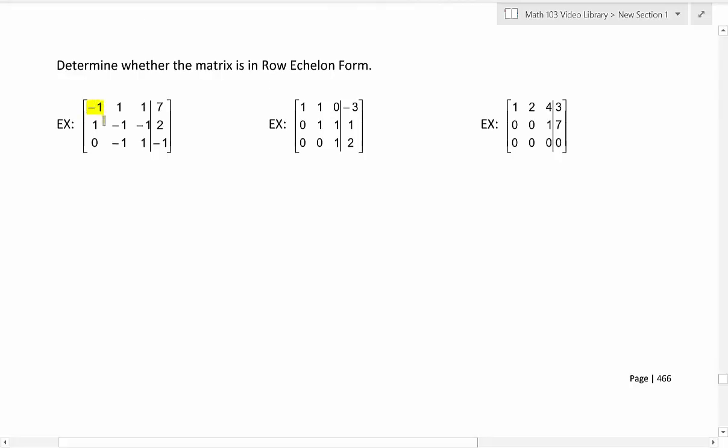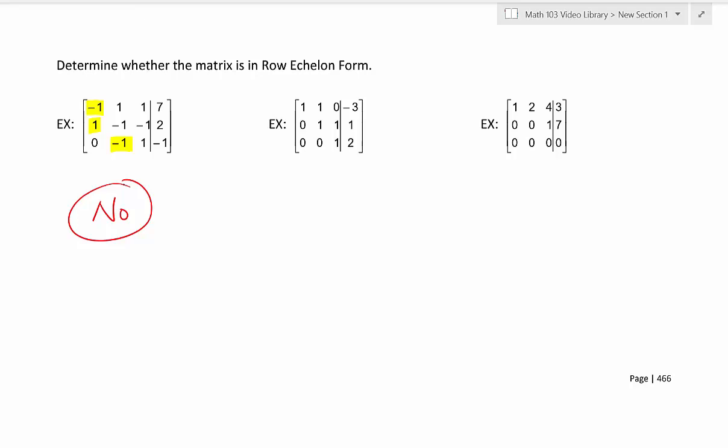So here are our first non-zero entries coming in from the left. Are they all positive 1s? No, they are not. So since that second characteristic is not met, this is not in row echelon form. And I'm going to stop right there. There's no reason to check the other characteristics because all characteristics have to be met. Let's move on to our next one.